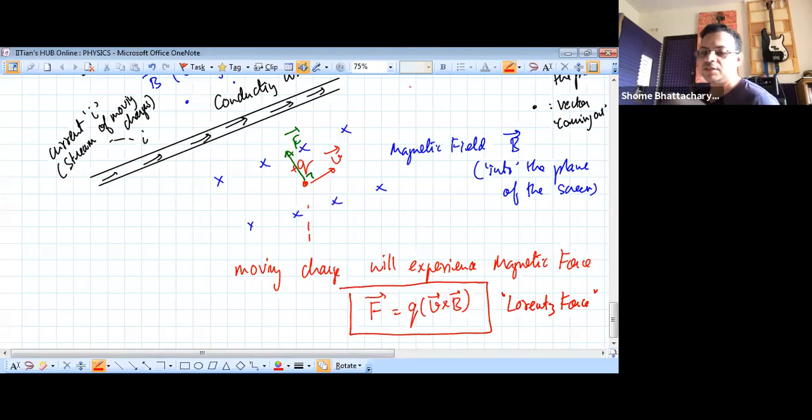Maxwell's theory has more to do with how a changing electric field generates a magnetic field and a changing magnetic field generates an electric field. So it is more about what we call electromagnetic induction. This is just about electromagnetic forces. That's the part that comes before Maxwell's equations. But you can say Maxwell's theory is inclusive of all these ideas of electromagnetism.